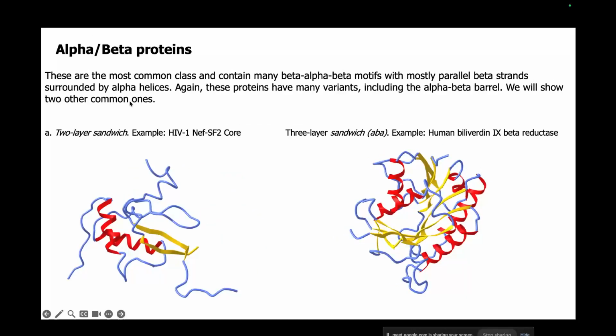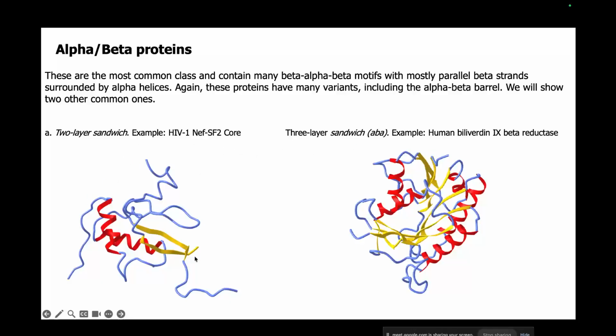And these are like combination of alpha beta proteins. Many beta alpha beta motifs. So you have beta sheets, then you have alpha helices, then again beta sheets. So this kind of motifs with mostly parallel beta strands surrounded by alpha helices. Again, these proteins have many variants, including the alpha beta barrel. So these are the two most common ones. So both are sandwiches.